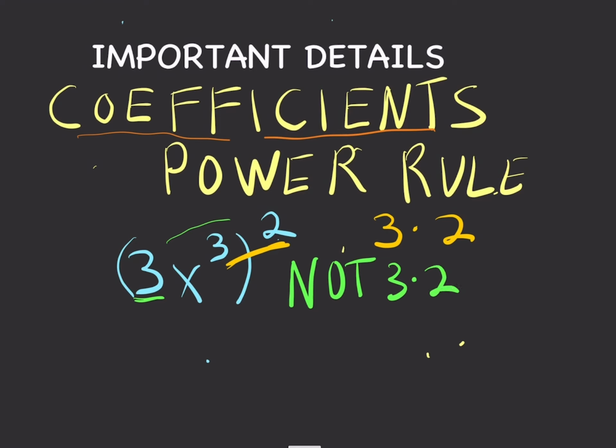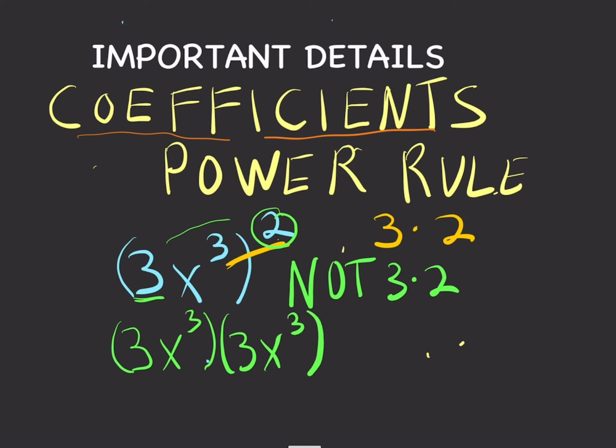No, what we'll actually do is raise it, okay, we're kind of writing it out the long way here to see it. If you wrote it out squared, you could see that you would multiply it out. But the point is that in the blue parentheses, where it's 3 in parentheses, x cubed, raised to the second power, I'm taking that 3, the coefficient of 3, and I am raising it to the second power.